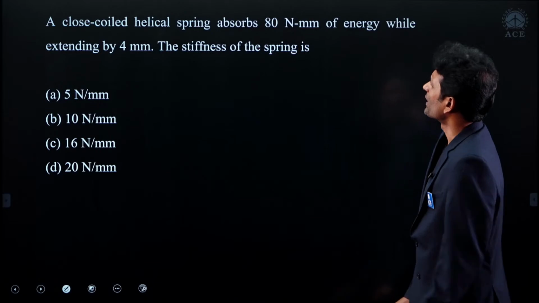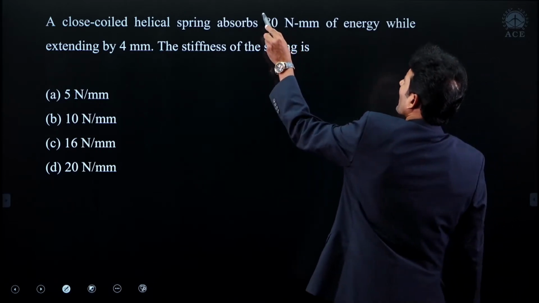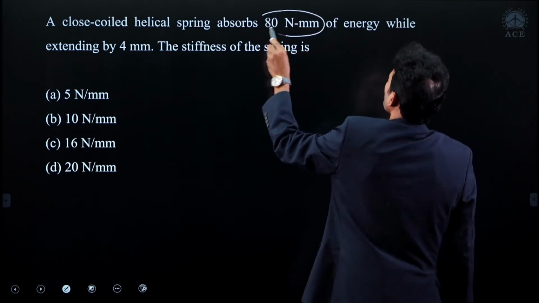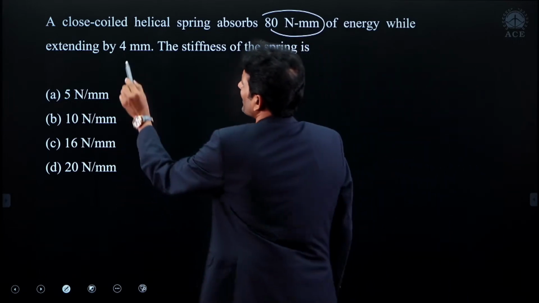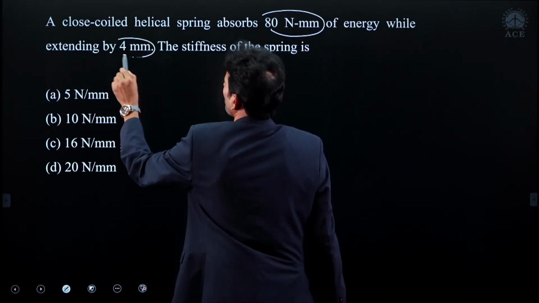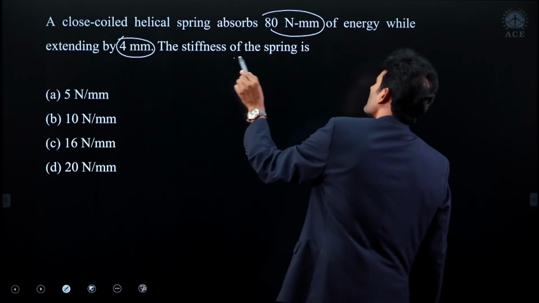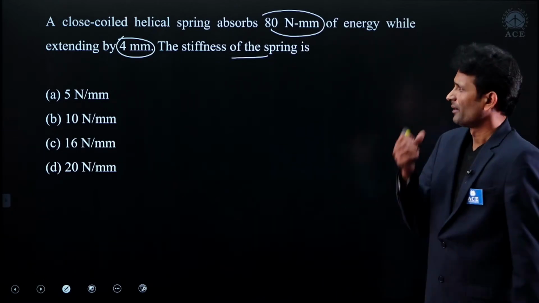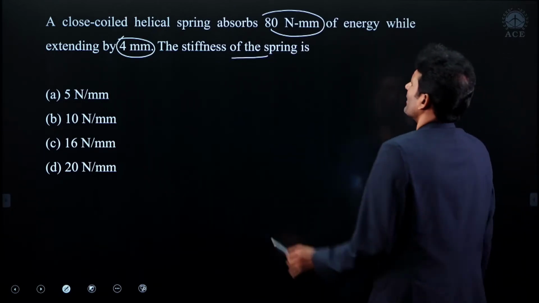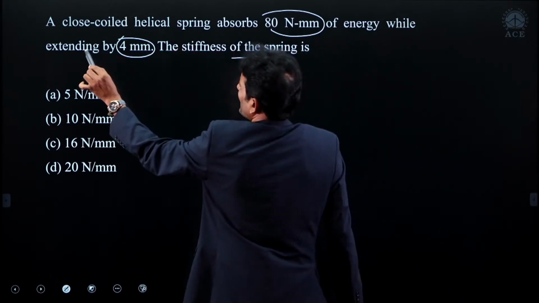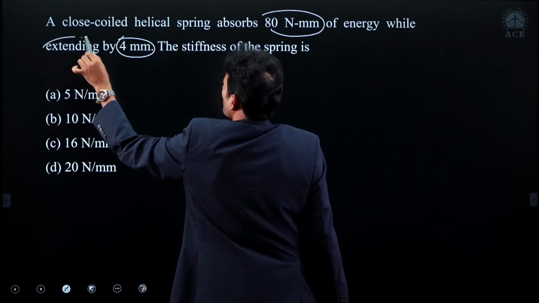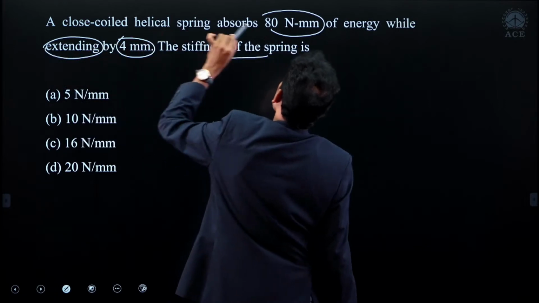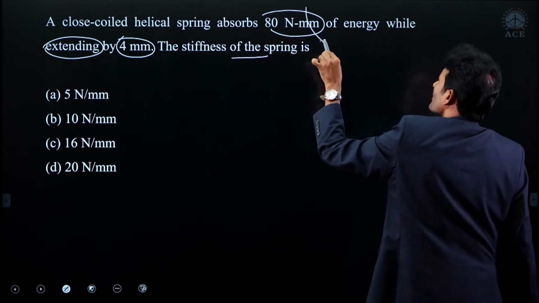A closed coiled helical spring absorbs 80 Newton meter of energy while extending 4 millimeter. What is the stiffness of the spring? Look here, when any member is deformed, the energy absorbed by the member we call strain energy.